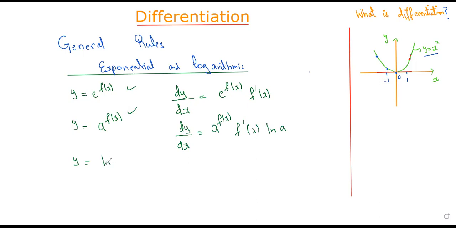And then if we have natural log of f of x, how do we do it? We do it this way: 1 divided by whatever we have inside the brackets, multiplied by the derivative of the bracket thing. Whatever it is, we write down the derivative and divide it by that function directly. Is that okay?